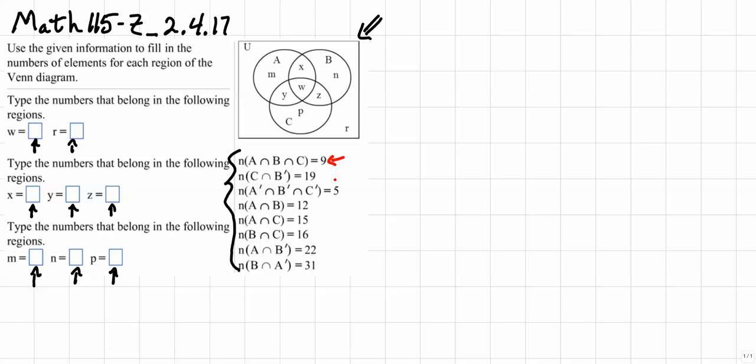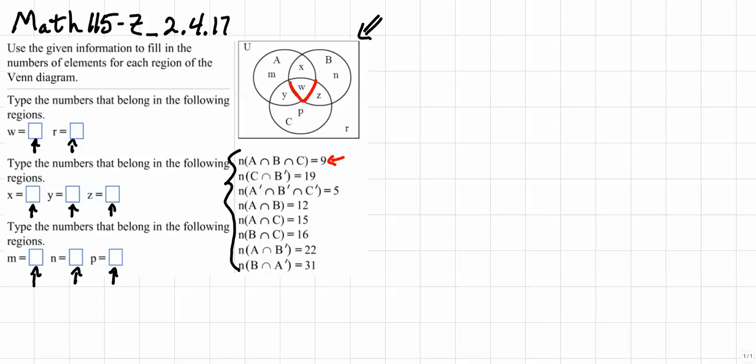This is the number of A intersect B intersect C is equal to 9. This number right here is the cardinality, in other words, the number of elements in the set. Now when we talk about the intersection of A, B, and C, what we're talking about is the overlap, where all three of these overlap.